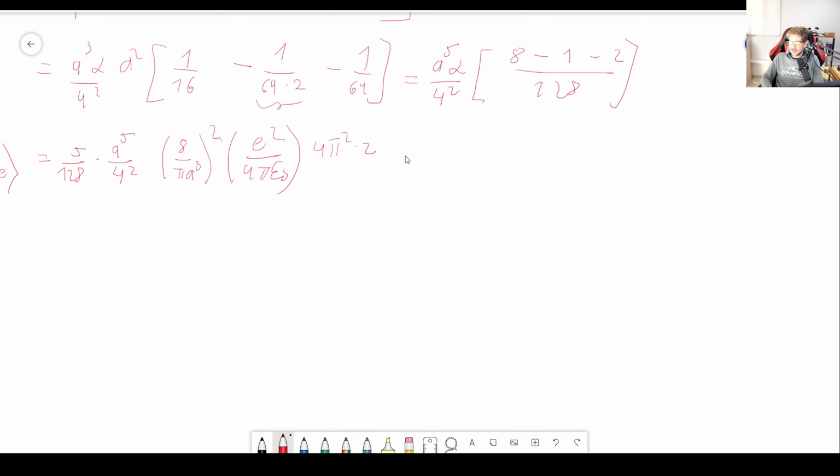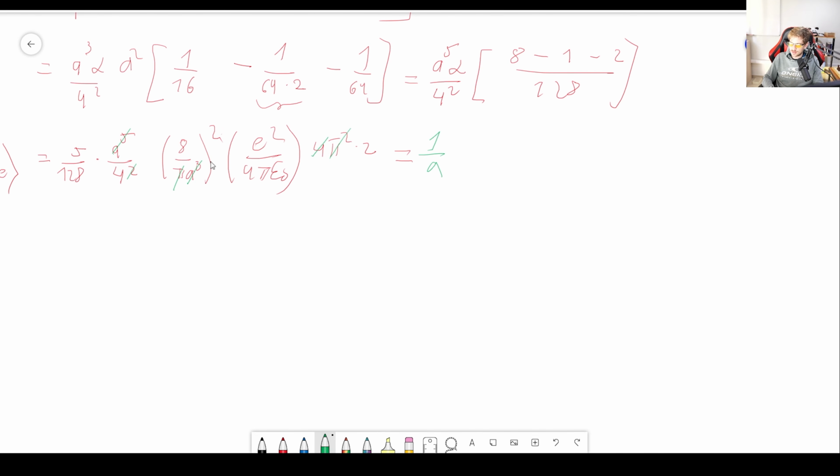Okay, so let's begin simplifying. This pi squared will cancel out with this pi squared. Then we have a to the 6th here and a to the 5th, so we get 1 over a. So this and this are gone. Then this 4 will cancel out with this.